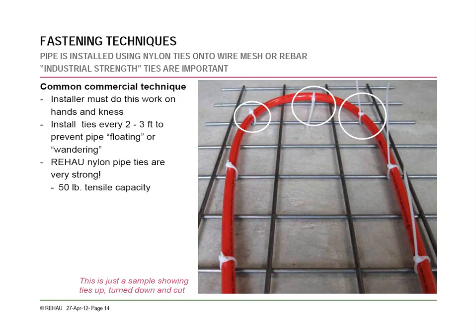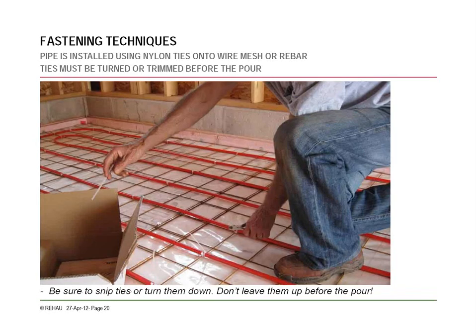If you're getting into larger commercial type applications, it can be quite tedious. So there are other options that you can look at, and we'll go over a couple of different options here. But this is definitely the one that is most widely used for sure. Quick note on those: make sure you're snipping off the ends of these and collecting them in a box so they're not floating around your concrete.